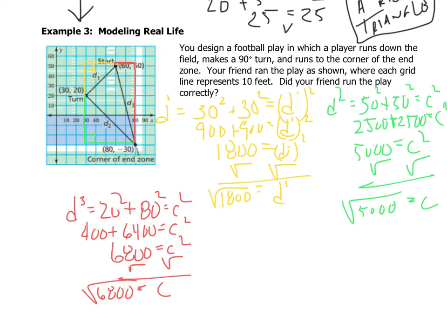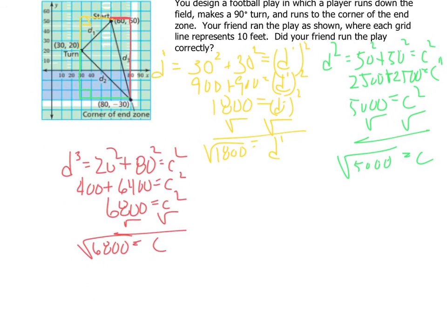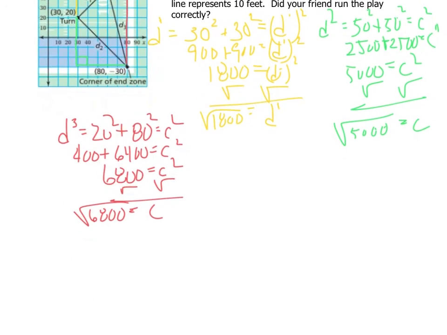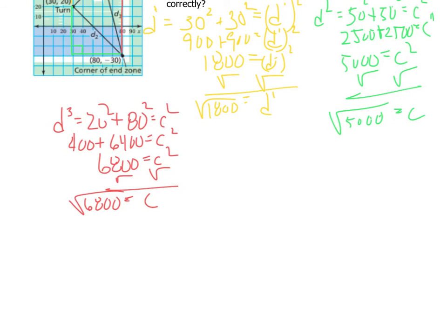And we need to now use our Pythagorean theorem and the converse of the Pythagorean theorem to determine if this is a right triangle and if he made a 90-degree turn. So if I am going to be putting this into the Pythagorean theorem, which is the longest side? Because that's what I need to know. I need to know which one is the C. Well, the 6,800 is bigger than the 5,000, which is bigger than the 1,800.